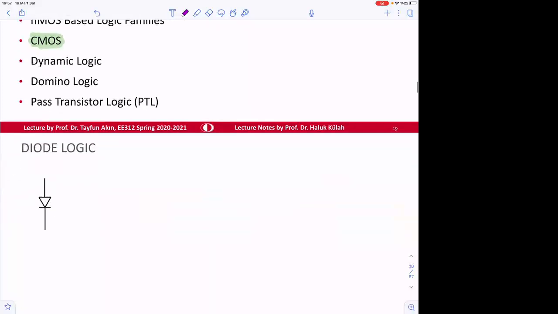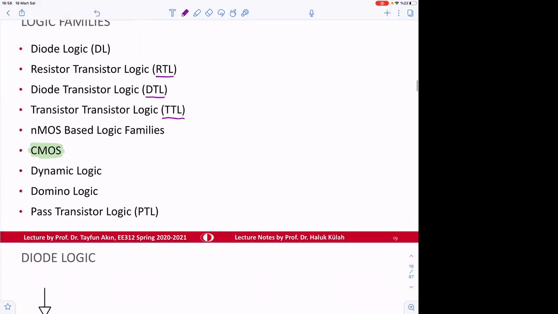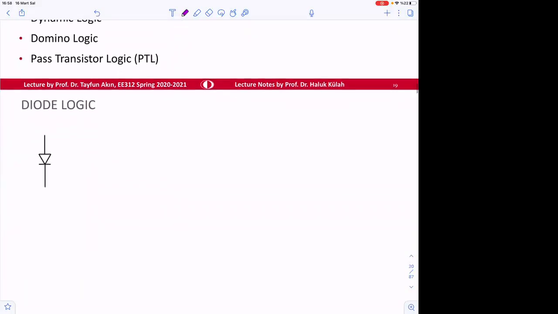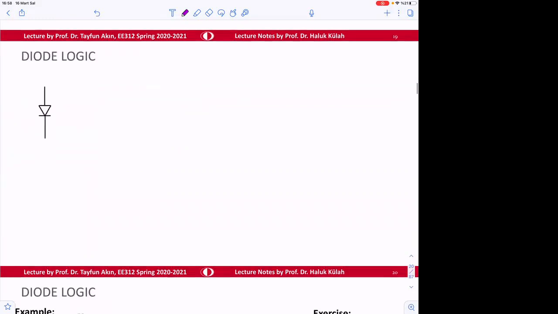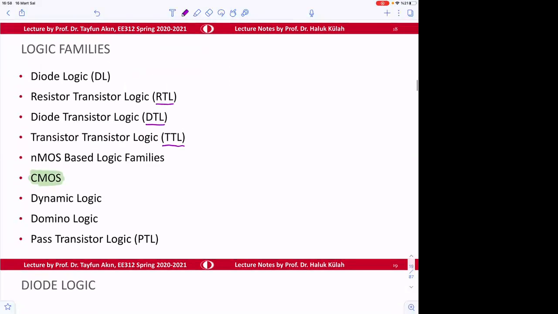Diode logic is the worst one and it doesn't really work practically, but it's still worth mentioning how we can make a logic circuit using a diode. We'll do that next Monday. We'll see this one by one, and now you will understand those definitions much better.